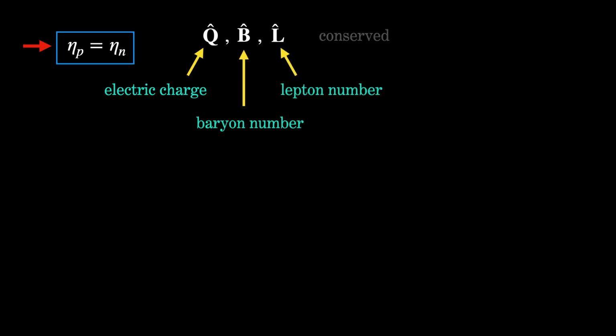The symmetries are those involving the conservation of electric charge, baryon number, and lepton number. These are the exact symmetries of the standard model of particle physics, which as far as we know, governs the behavior of the most elementary particles in nature.